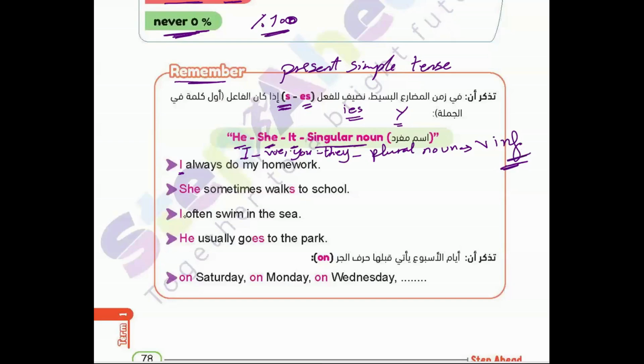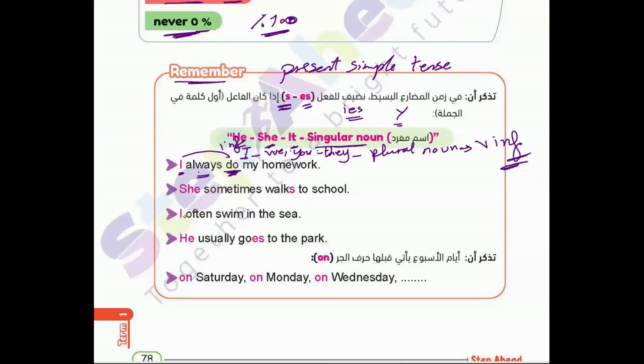So I always, which means I repeat this action all the time. Do. Look, I do. Infinitive verb, my homework. I always do my homework. So here, I'm using always about action I repeat every day or all the time, I mean. And also I'm using the present simple tense rules. So I never add anything to the verb in infinitive.